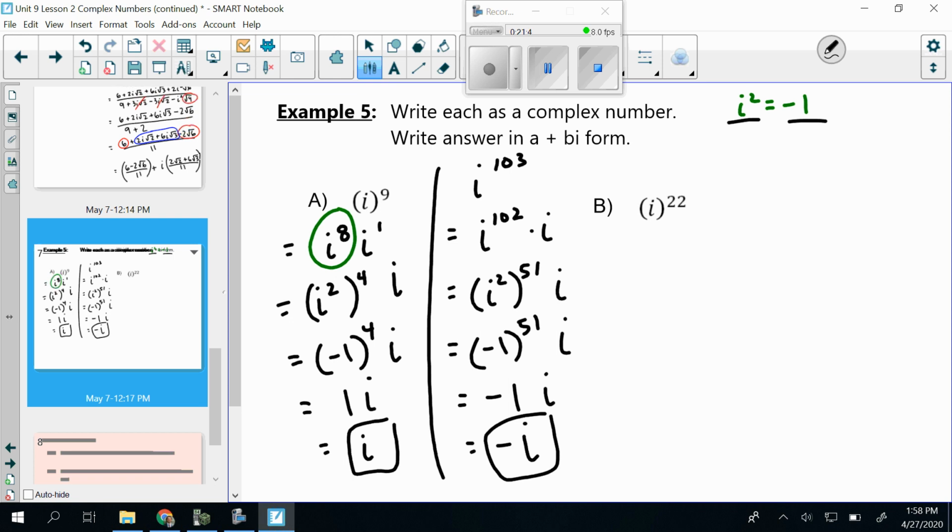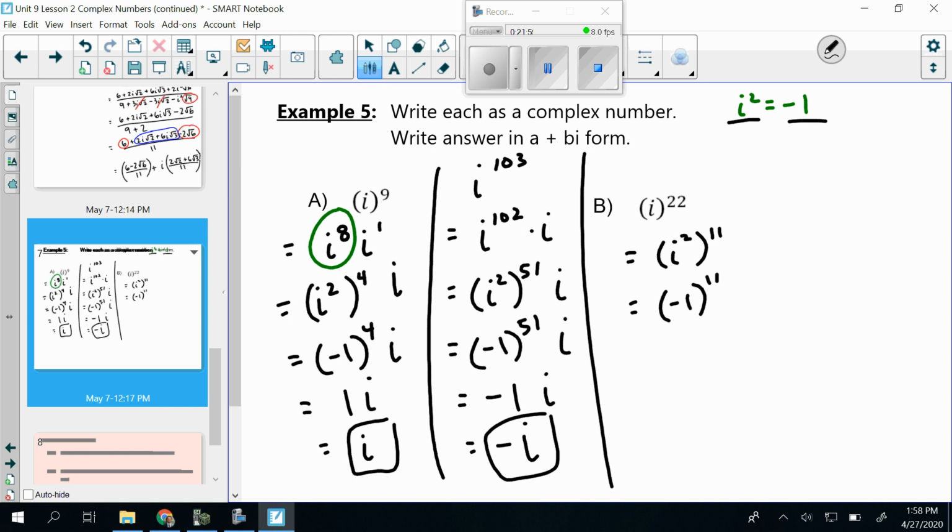Even ones are easier because you don't have to take out that additional I. So on this one, just figure out again, how many I squareds is this? That would be 11, because if you took 22 divided by 2, you'd have 11. So that would be negative 1 to the 11th power. If you have negative 1 times itself 11 times, that's going to equal negative 1. And so I to the 22nd power is the same as negative 1.